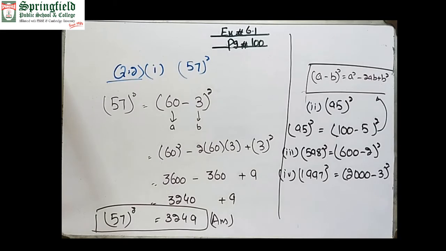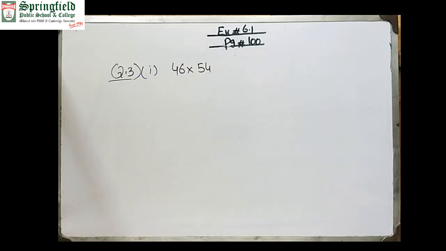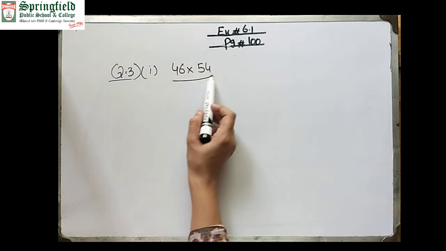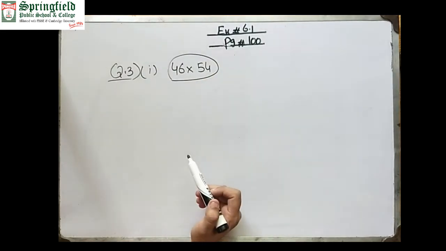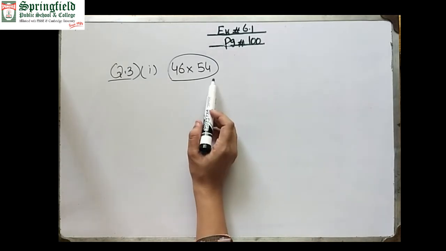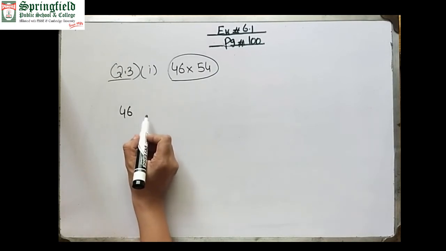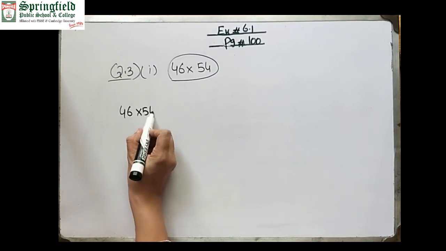Now come to question number 3. Okay, now beta, question number 3 part 1. 46 multiply 54. Now in this type of situation, how can we use a formula? How can we solve this type of question according to a formula? 46 multiply 54.